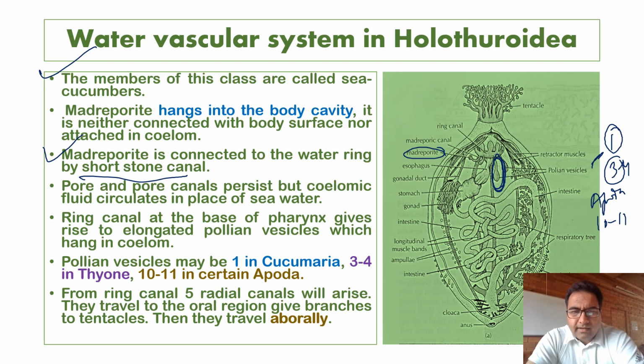From the ring canal, five radial canals arise and travel to the oral region and give branches to the tentacles.